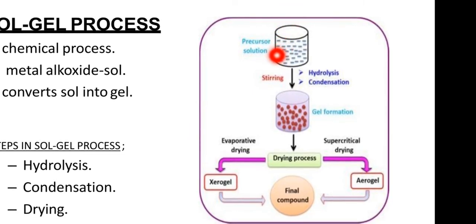The precursors are stored here. Then hydrolysis takes place. After the hydrolysis, condensation takes place. Gel formation takes place, and after that the drying process. So these are the basic steps. In the exam you have to draw the sketch and elaborate each point.